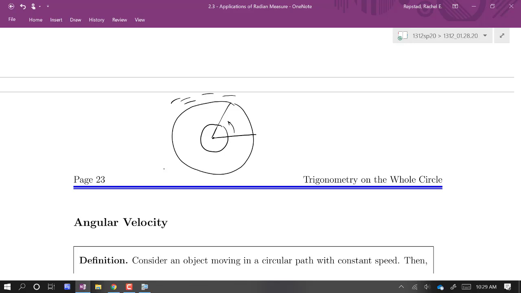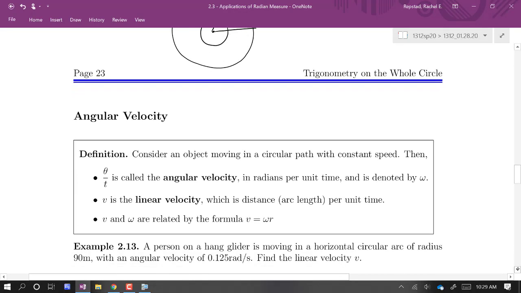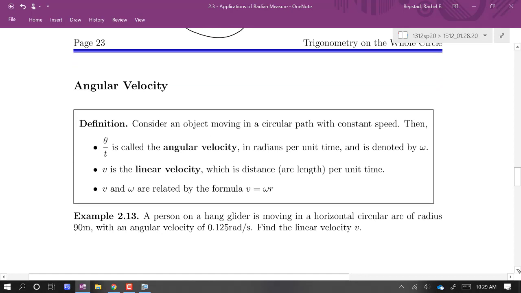And the angular velocity is an angle per unit time. We usually denote this by omega, a little scripty omega that looks like a W. That's in radians per time. And v is the linear velocity, an actual length, in particular an arc length per unit time.